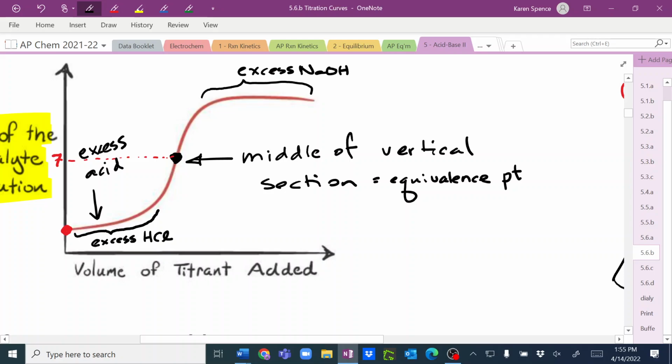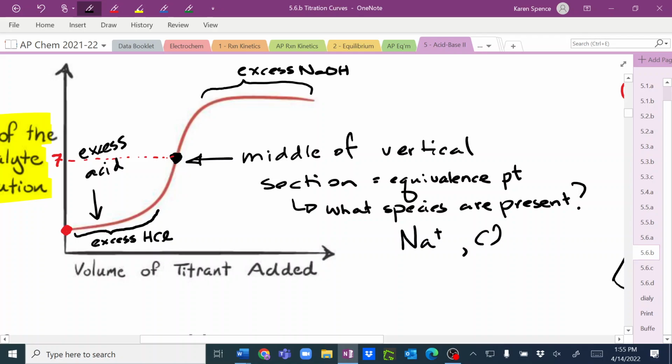And in the middle of the curve, what species are present? Na plus, Cl minus, and water. So we essentially have a salt and water.